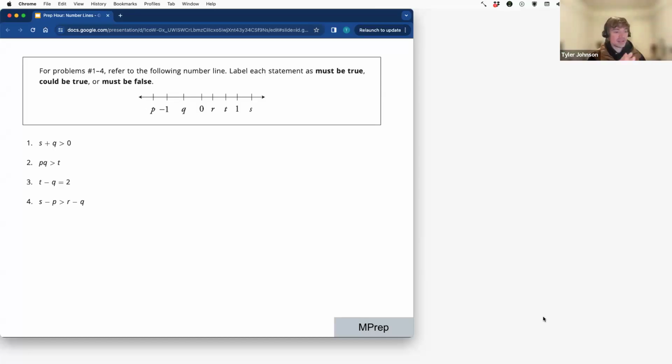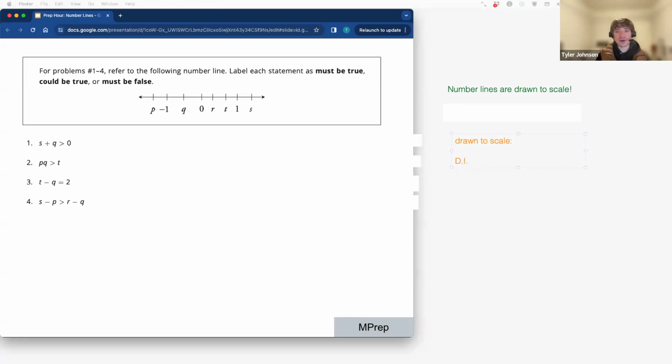All right, let's talk about these four statements here. First thing I want to say about number lines on the GRE is that they are going to be drawn to scale. There's a few different things that are drawn to scale on this test, the other ones being data interpretation, right?